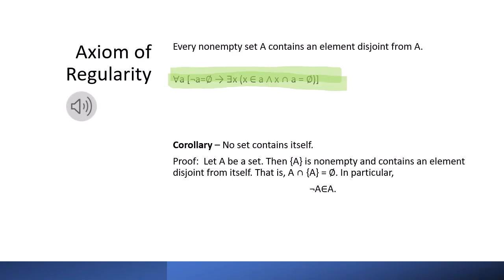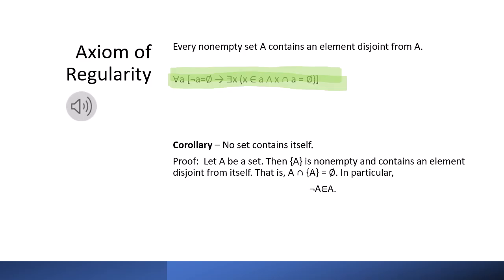Okay, so what does that sentence in green say? It says that for every set A, if A is not equal to the empty set, in other words, it's not empty, then there exists an element X, which is in A, and the intersection of X and A is equal to the empty set. In other words, every non-empty set contains an element which is disjoint from itself.